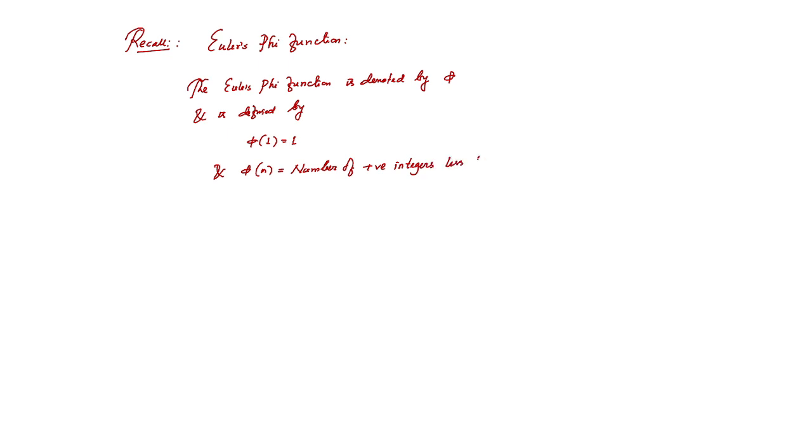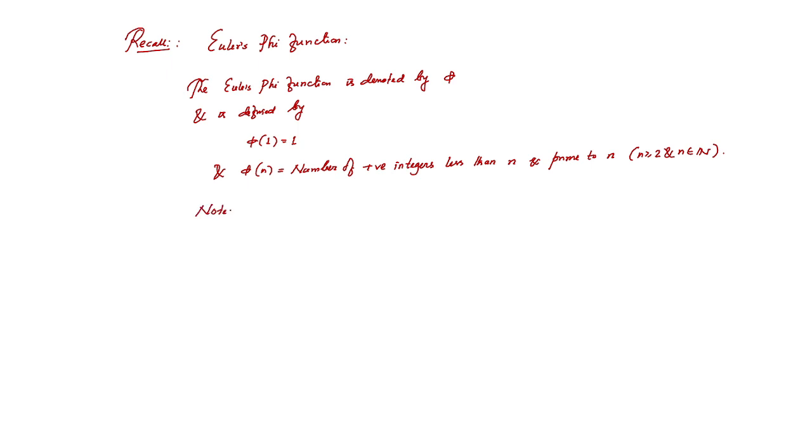The Euler phi function, or phi function, is denoted by phi and is defined by phi of 1 equals 1, and phi of n equals the number of positive integers less than n and prime to n, where n is greater than or equal to 2 and n belongs to the natural numbers. So this is the definition of the Euler phi function.